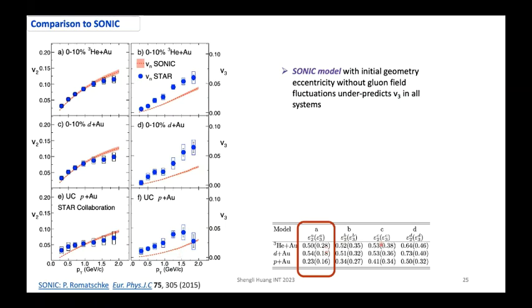If we use eccentricity from the subnucleon fluctuation, you can see the eccentricity becomes significantly bigger and also similar. So I think in the future, we would like to see some calculation from hydro experts with subnucleon eccentricity plus hydro, to see whether they can reproduce both V2 and V3.